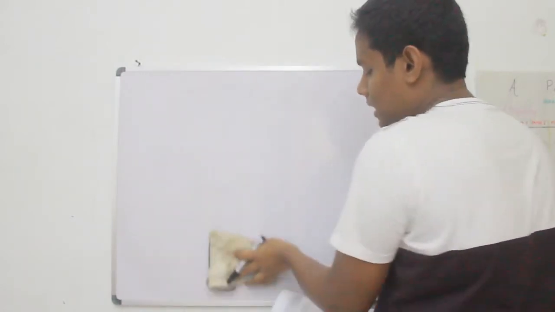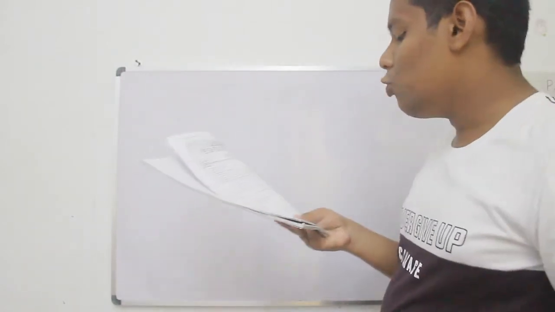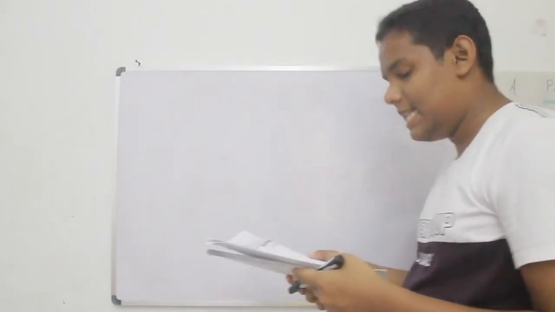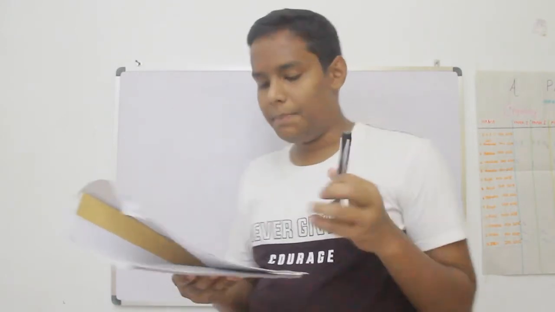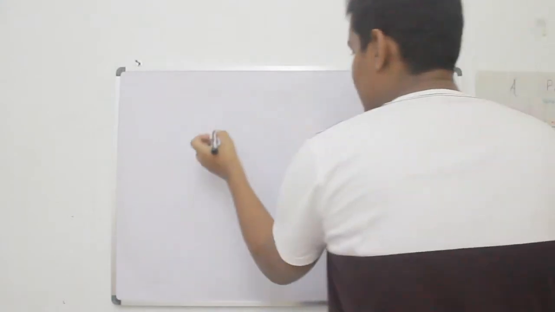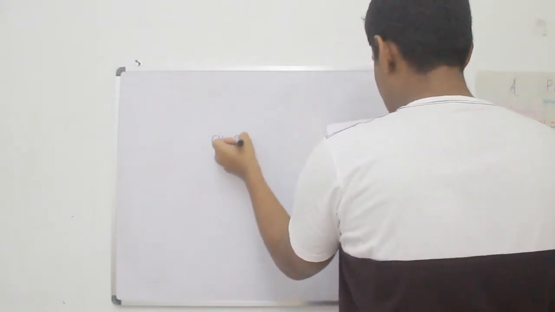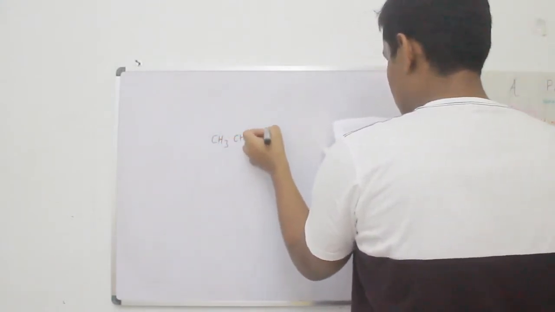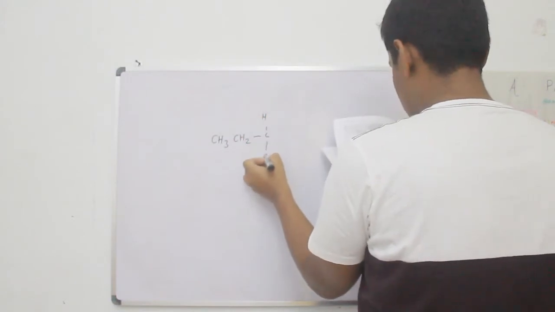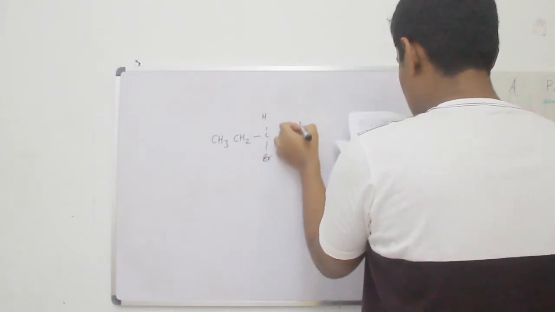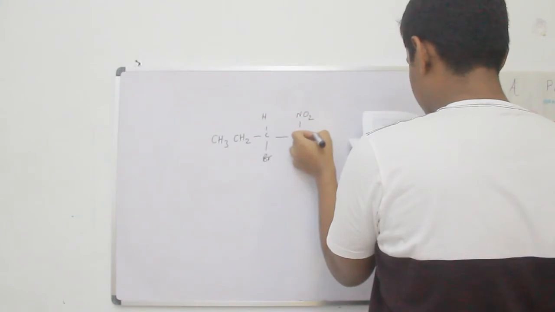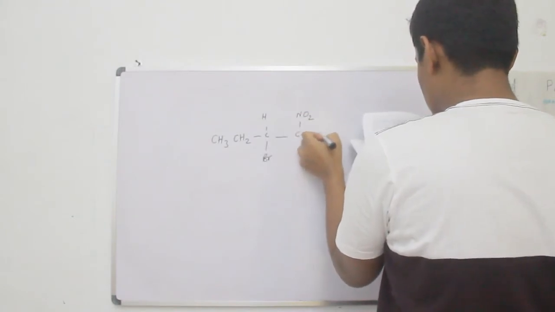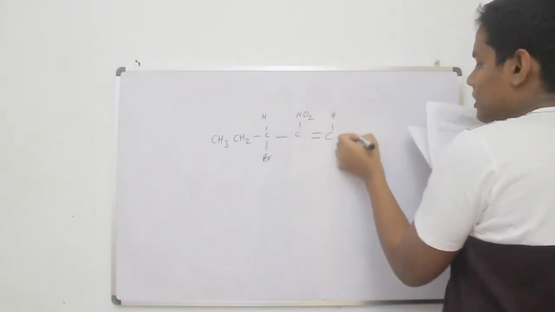Okay. Question number 3. Correct IUPAC name for this particular compound that has been given below: CH3, CH2, CH, Br, C NO2, double bond, CH, COOH.